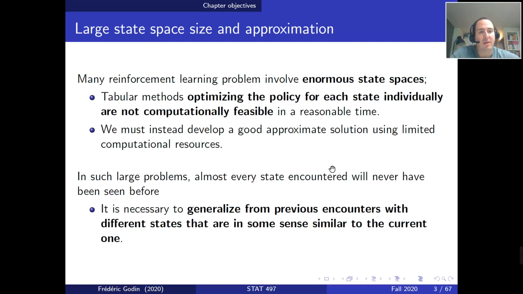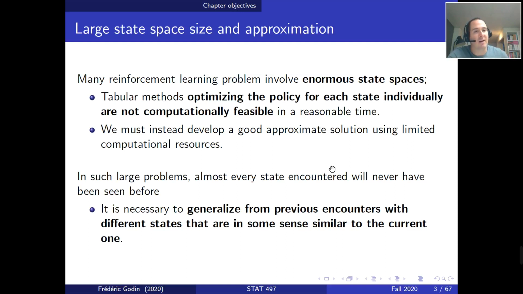If you deal with an enormous state space, we cannot use what we call the tabular methods that we've considered earlier, where, as I just mentioned, you have one estimate for every single state, and then you update the estimate for one state at a time. This would take way too much time to optimize, and you probably would need way too much memory to store the estimates of all these states.